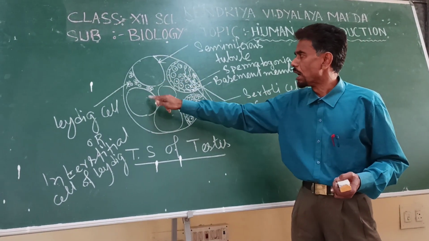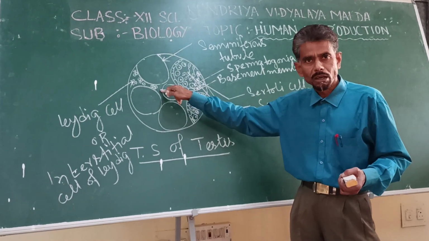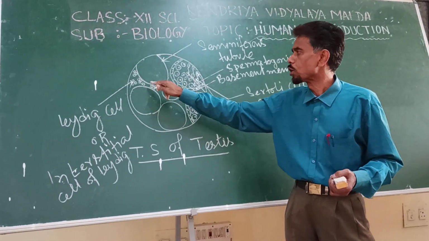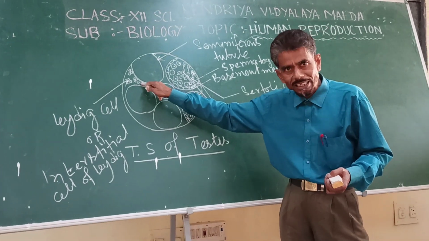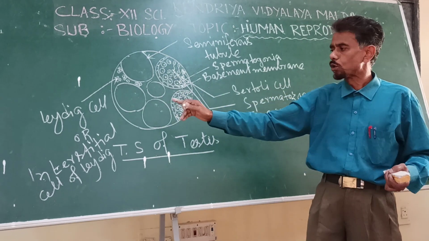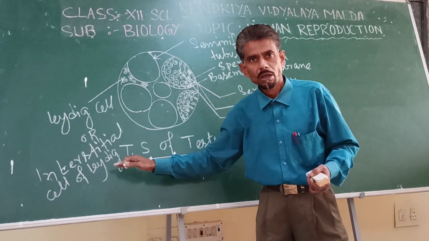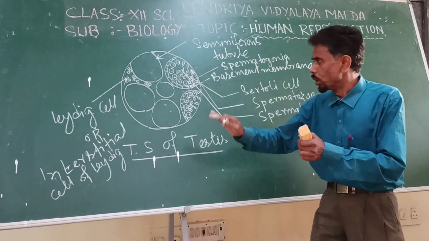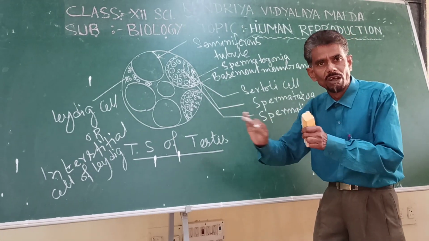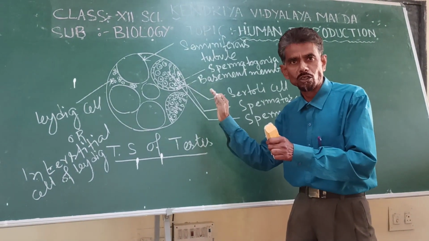In between the seminiferous tubules, the spaces are filled with clusters of cells called Leydig cells, otherwise called interstitial cells of Leydig. Once we got this concept very clear, then we can pass on to the spermatogenesis.